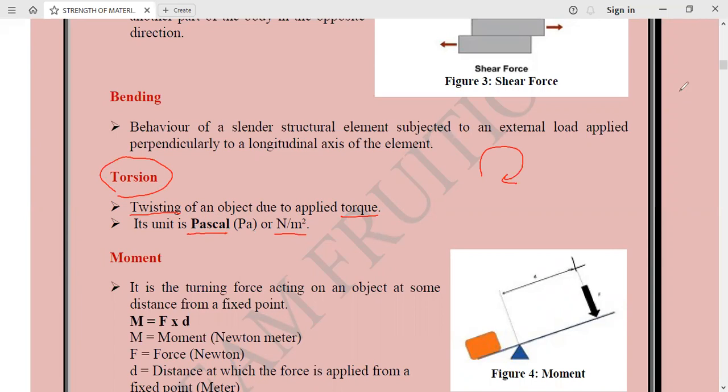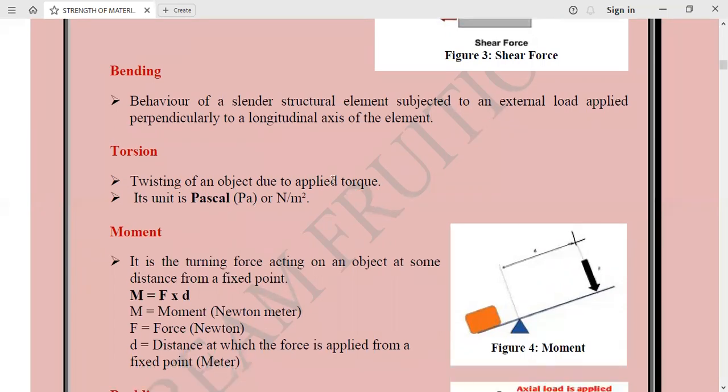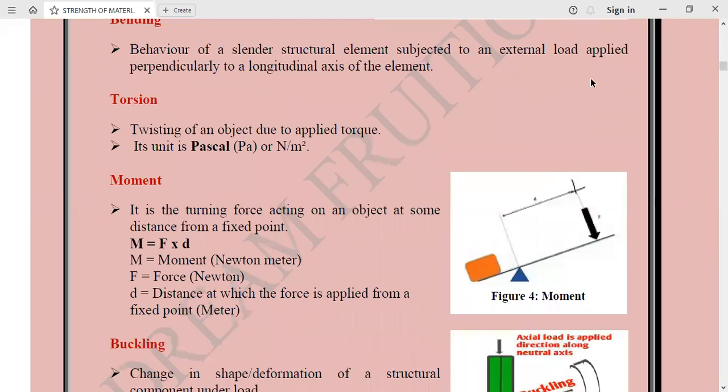So now we have discussed torsion. We will move on to moment. So what is a moment? It is a turning force that you apply to an object at any distance from a fixed point.